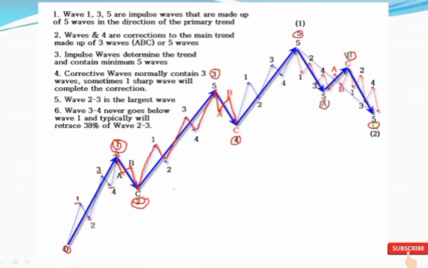Remember what we talked about earlier: we have the A to B, C to D relationship like we talked about last week. Essentially, the 1 to 2 and the 3 to 4 are that A to B, C to D relationship, the same as in every little swing on the minor trend.